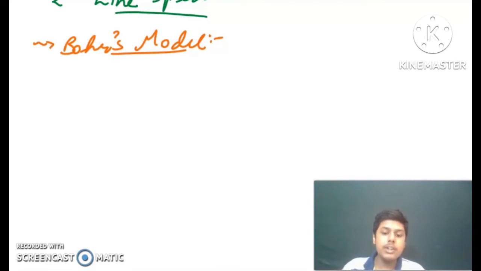First of all, an electron moves only in certain circular orbits called the stationary orbits. In stationary orbits, the electron does not emit radiation. According to him, when the electron revolves in a stationary orbit, it does not emit radiation.